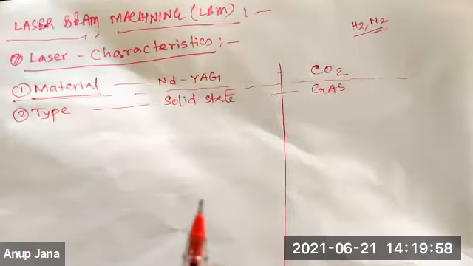Already you might have understood in the previous class that helium, nitrogen, along with this carbon dioxide we use, and the lasing medium is actually CO2, but internal cooling can be done by using helium, nitrogen, or any other gases. So how are they different from each other?